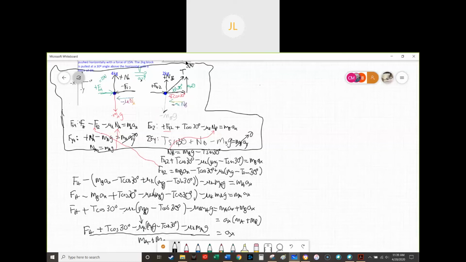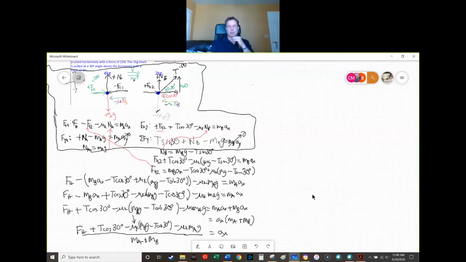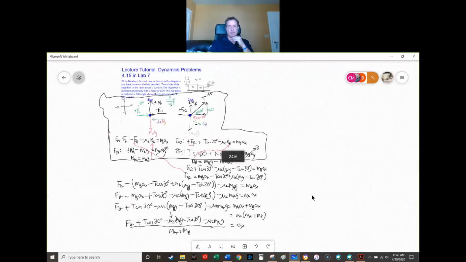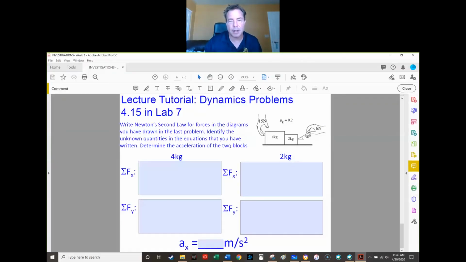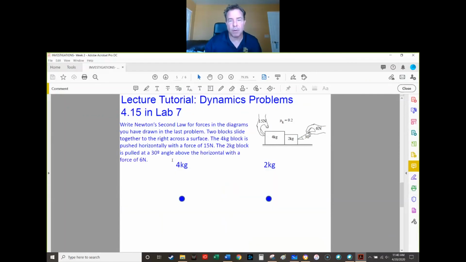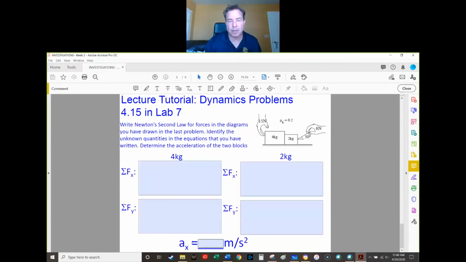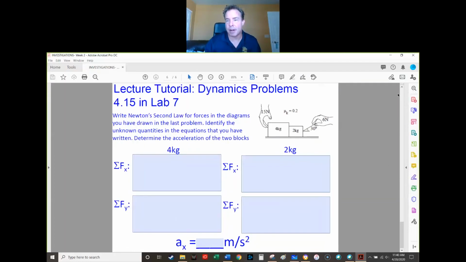This one's difficult, to say the least. So yeah, if you could do the force diagrams and then put in the forces, I'm going to delete this part right here. In fact, I'm going to do that right now.